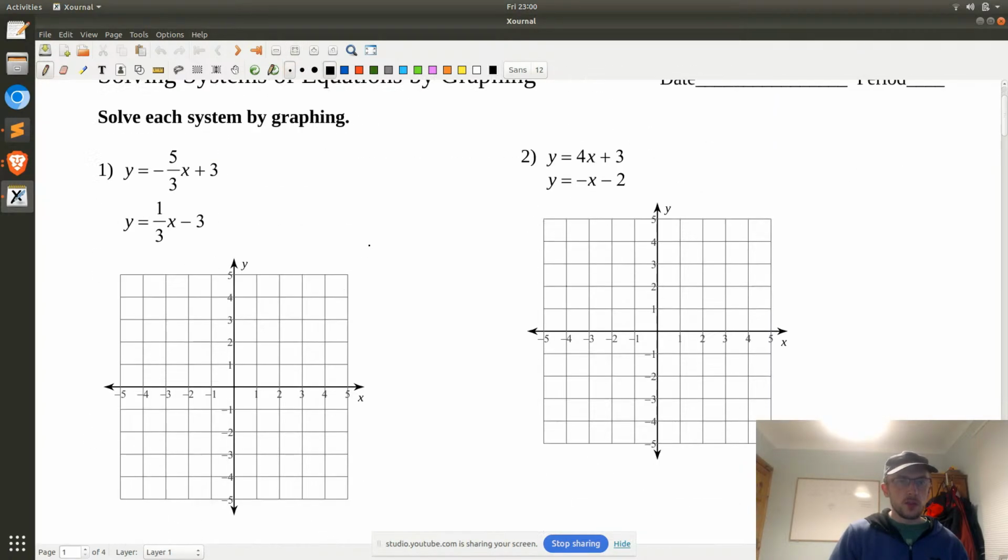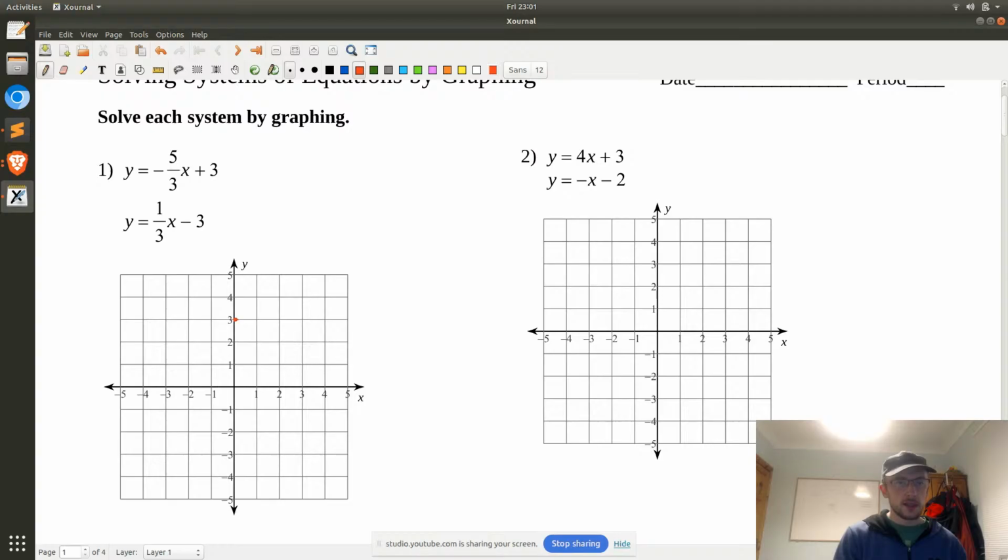Solve each system of equations by graphing. The first line is sloping downwards and it passes through 3 on the y-axis, and it has a downward slope of negative 5/3. And what does that mean?